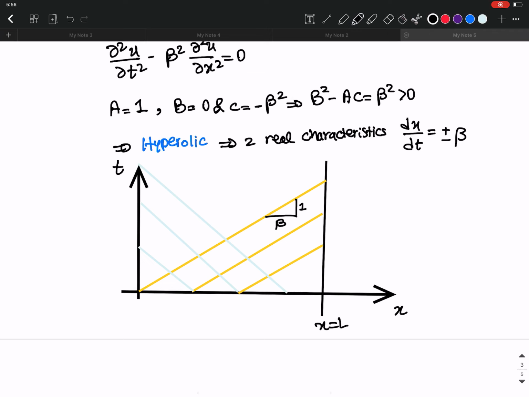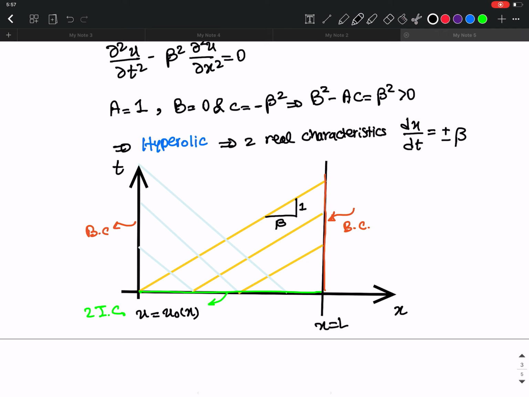And here we have a right boundary condition. So we have one boundary condition here, and then we have another boundary condition here. And at the bottom, we have two initial conditions, because it's at t equals to 0.